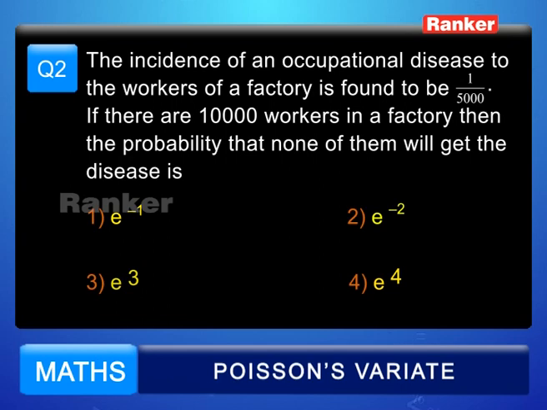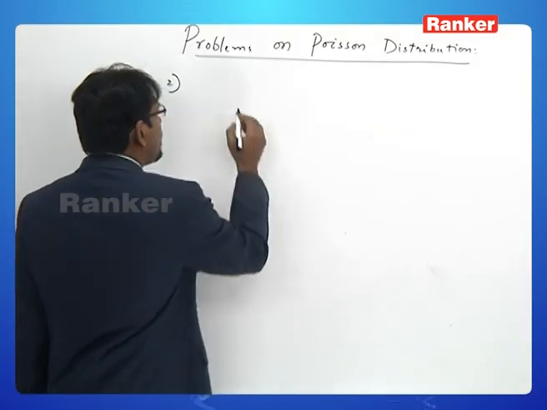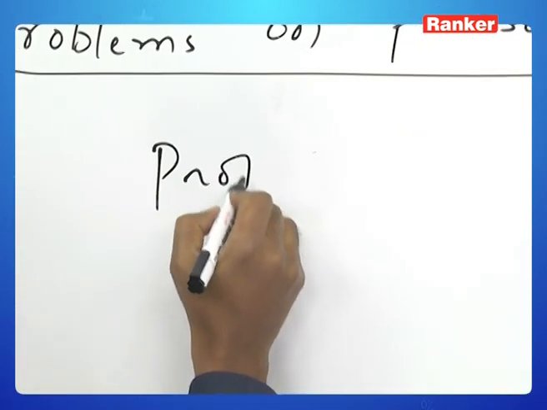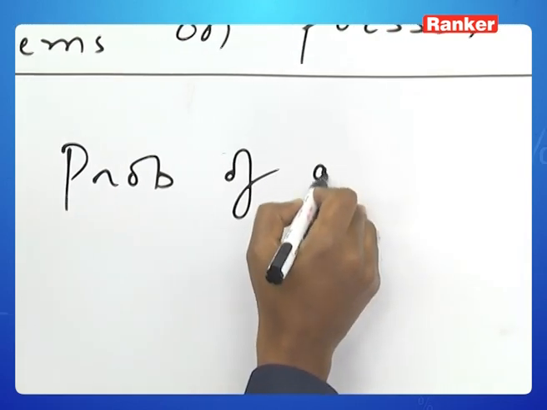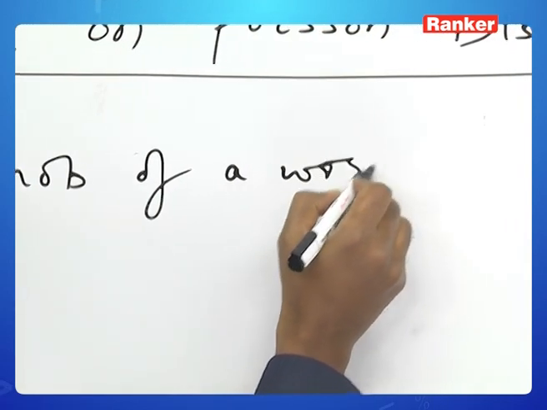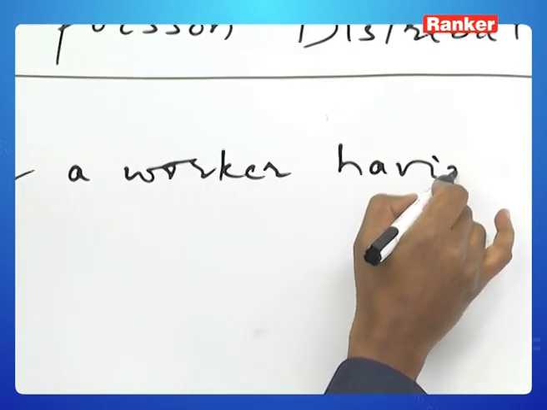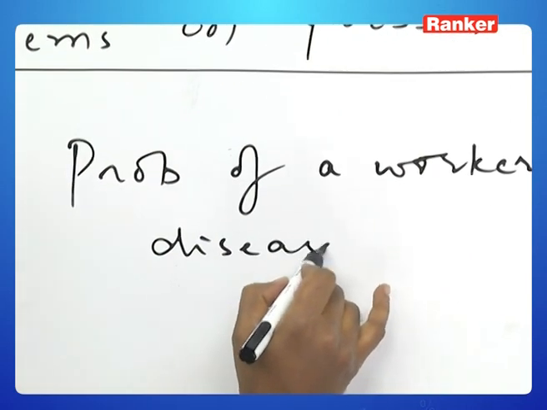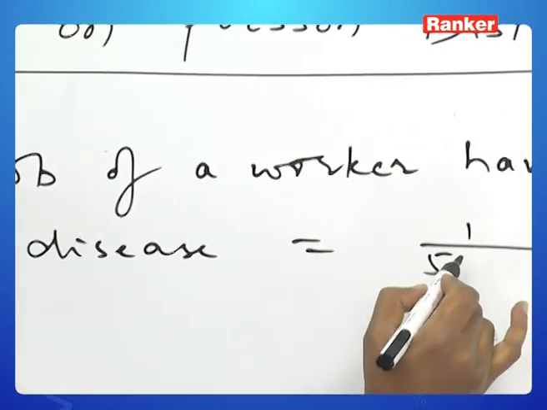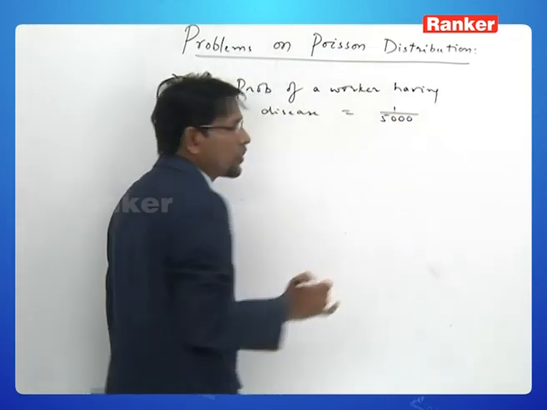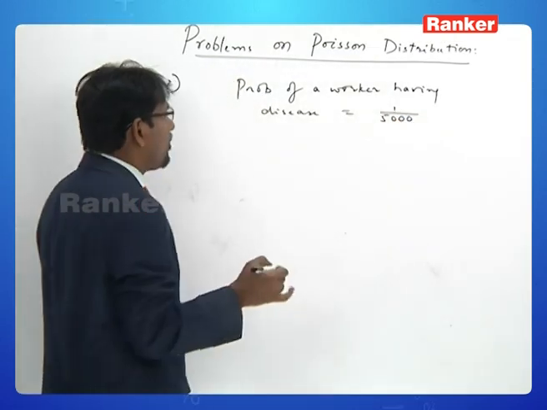Now it's been given that the probability of a worker having the disease is 1 in 5,000. And how many workers are in the factory?